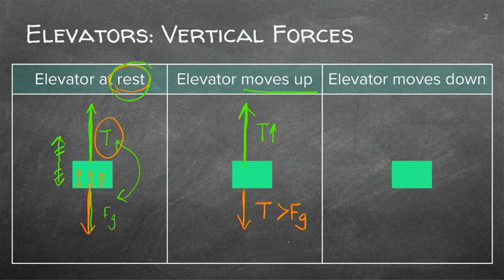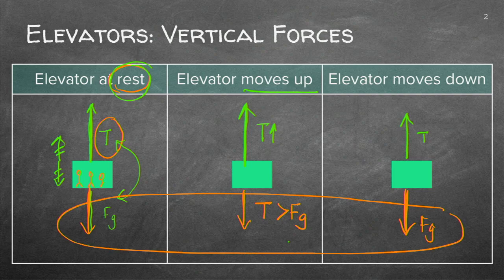And when it's moving down, we've still got this tension in the cable, but now the gravity will be greater than the tension. Now, we can't change the gravity. In all three of these cases, the gravity will be the same. But the one thing that we can change is the tension in the cable.